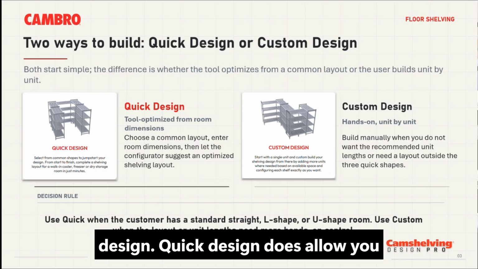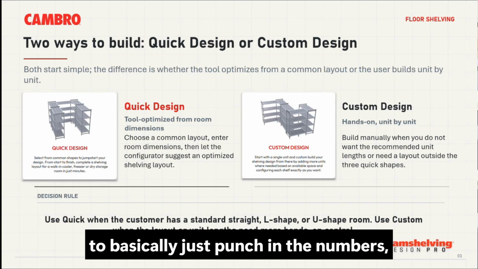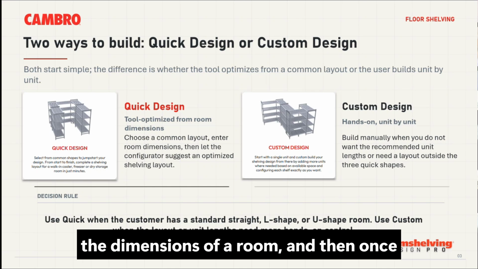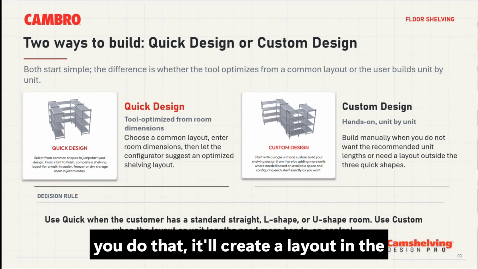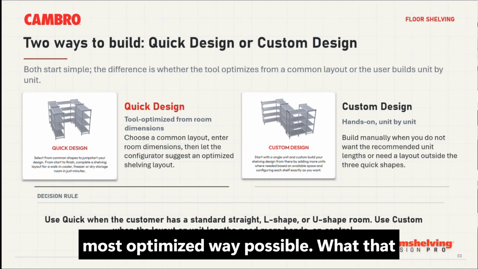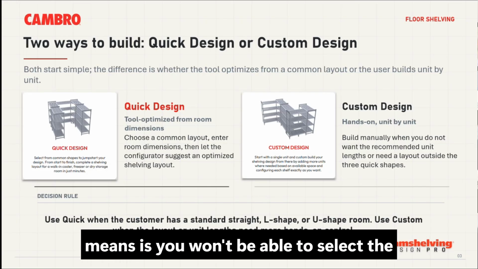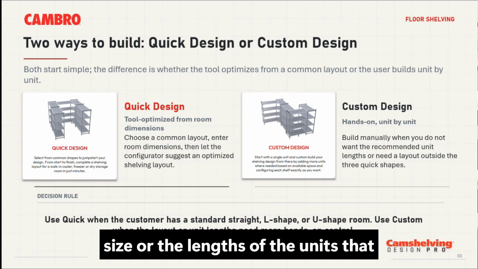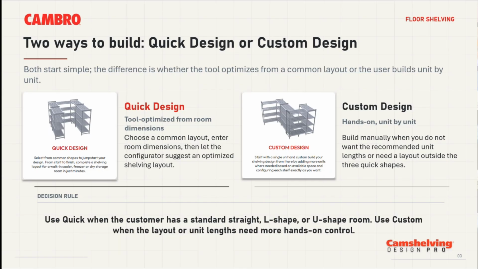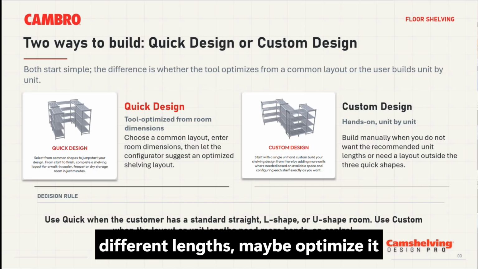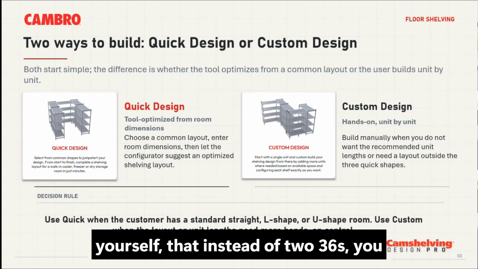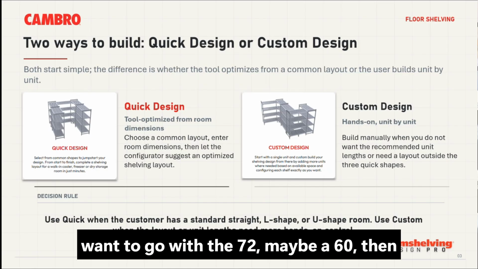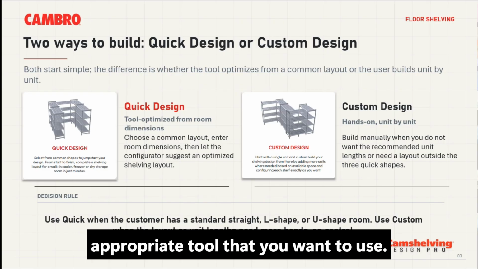Quick design allows you to basically just punch in the dimensions of a room, and then it'll create a layout in the most optimized way possible. What that means is you won't be able to select the size or the lengths of the units that you're going to be using for that room. If you did want to select the different lengths, maybe optimize it yourself, so that instead of 236s, you want to go with the 72, maybe a 60, then custom design would be the more appropriate tool to use.